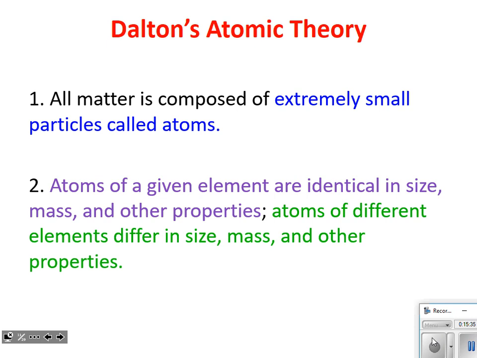An oxygen atom in Seatown, Ohio is the same as an oxygen atom in London. However, oxygen atoms are different than carbon atoms. So atoms of different elements are different in size, mass, and properties.